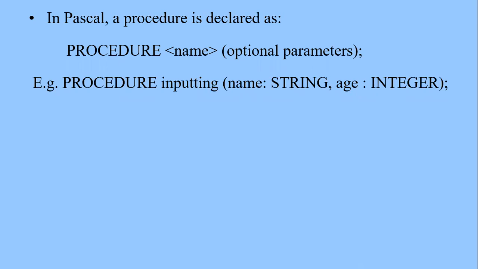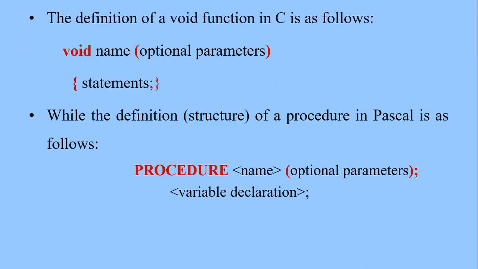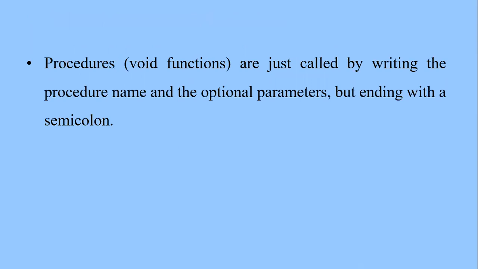So the call statement for this procedure will be inputting followed by the arguments that are supposed to match with the parameters. And therefore, when you go to the call statement, we have our procedure being called by having its name.